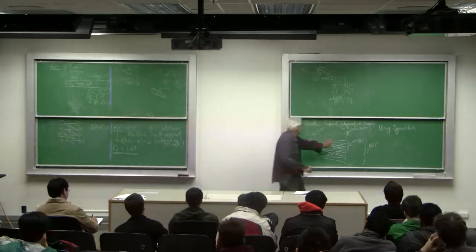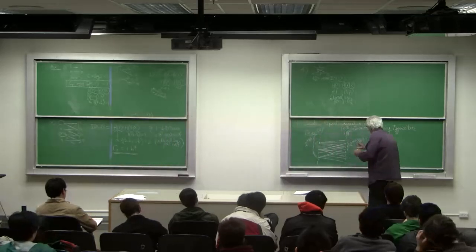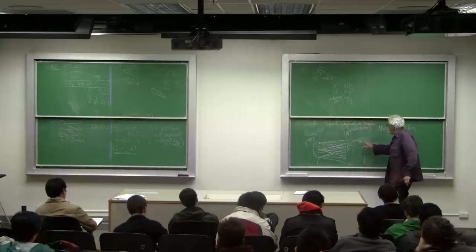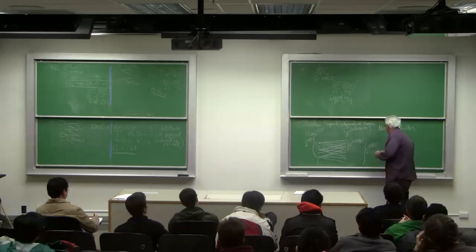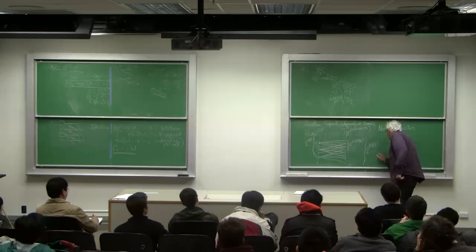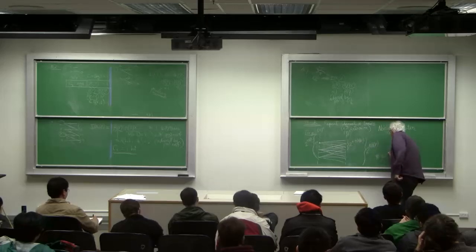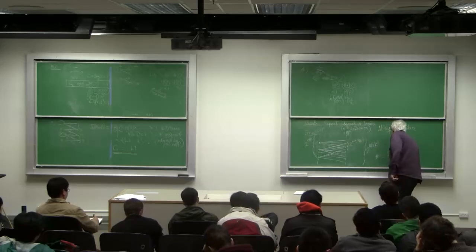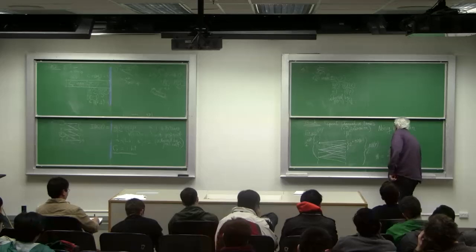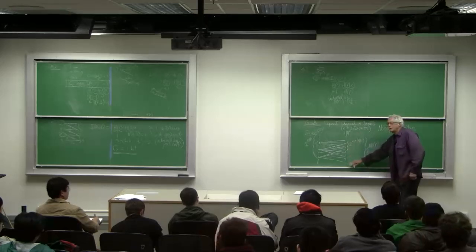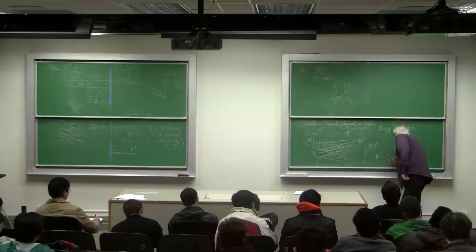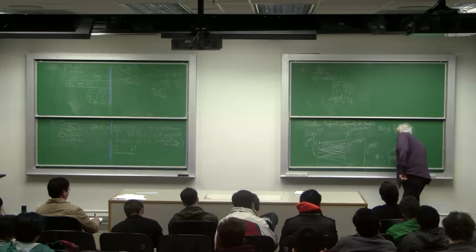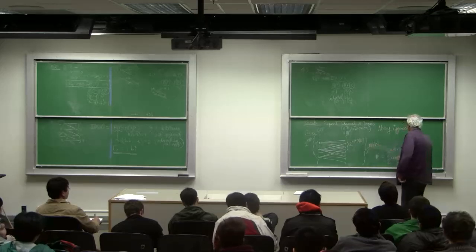So how many? If each fan has this number of elements, maybe the number of distinguishable fans is 2 to the n H of Y, the total number of possible outcomes, divided by 2 to the n H of Y given X, the amount in each fan.